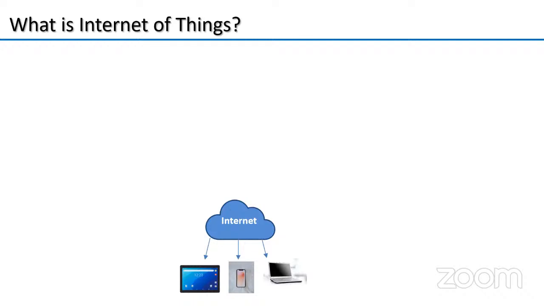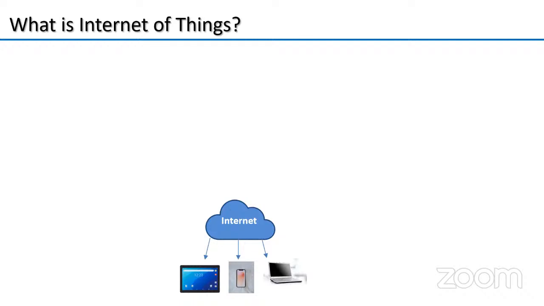Suppose I have a mobile phone and I connect to the internet, I have two options. One is cellular data, simply our mobile data. The second one is wireless connectivity, commonly known as Wi-Fi. We have routers in our home, in our college, and in different places. So we have these two options to access the internet.